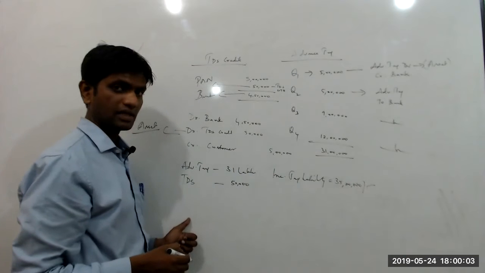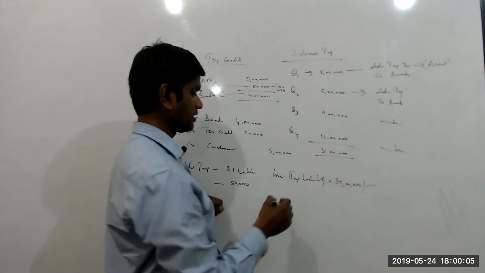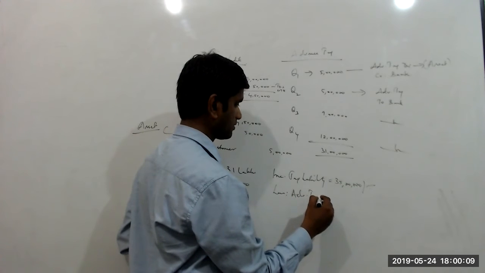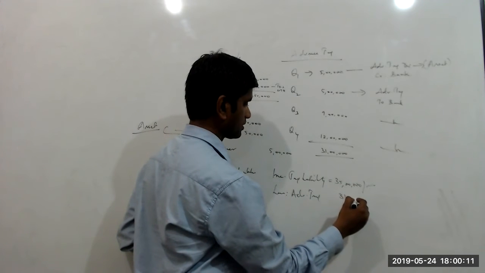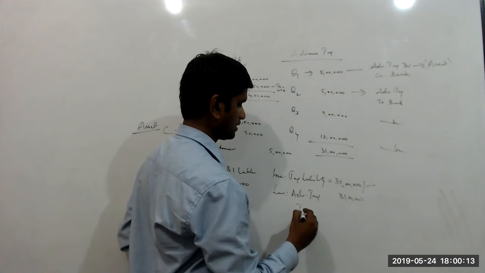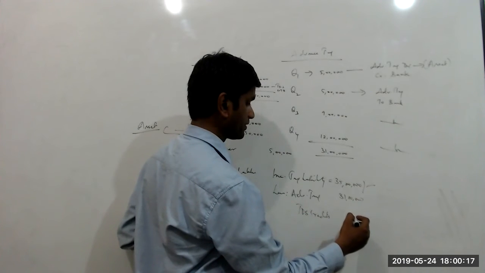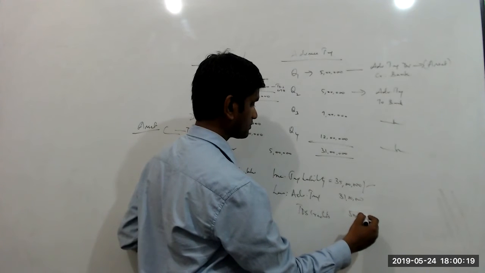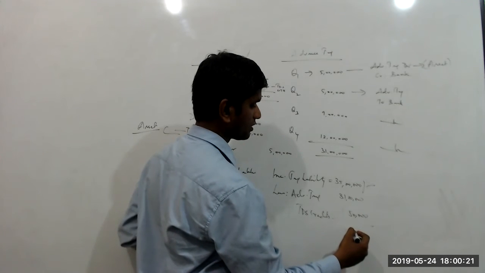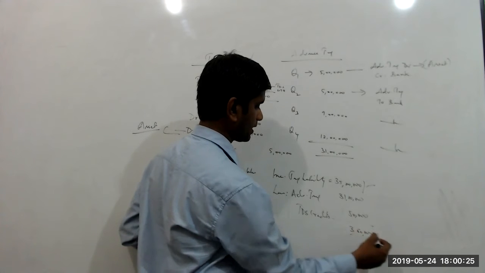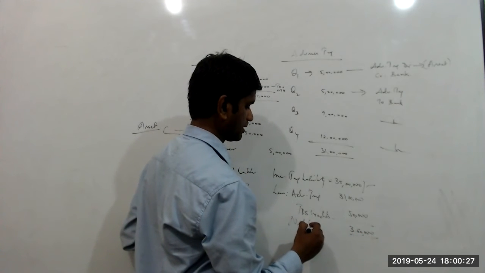Okay, so in this case, at least I can utilize my advance tax of 31 lakhs and TDS credits of 50,000. So the rest of 3.5 lakhs is what my net liability is.